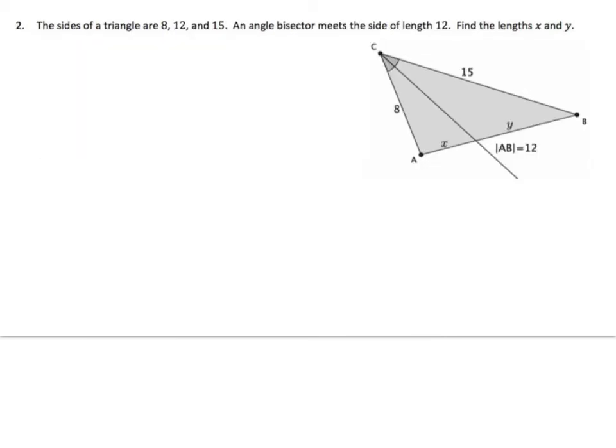The sides of a triangle are 8, 12, and 15. An angle bisector meets the side of length 12. Find x and y. Again, x over y is going to be 8 over 15, or I can say y over x is 15 over 8. And then I'm going to put one variable in terms of the other.